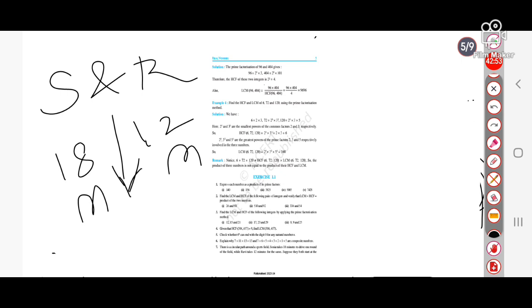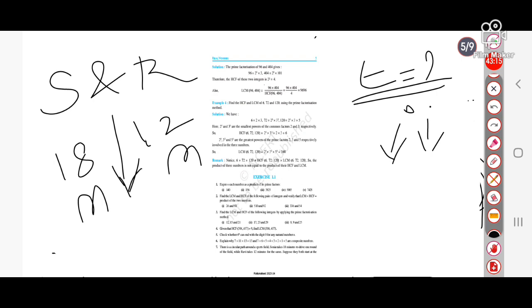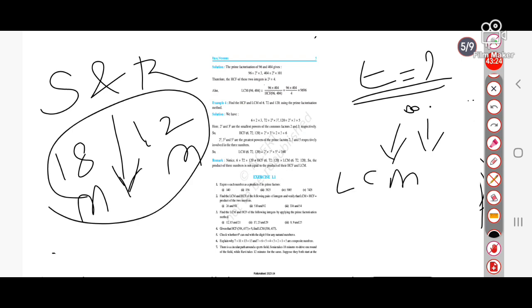Now what they are asking is the time when they will meet again at the starting point, the point from which they started. By the question itself we can conclude whether we need to do LCM or HCF of these two numbers.